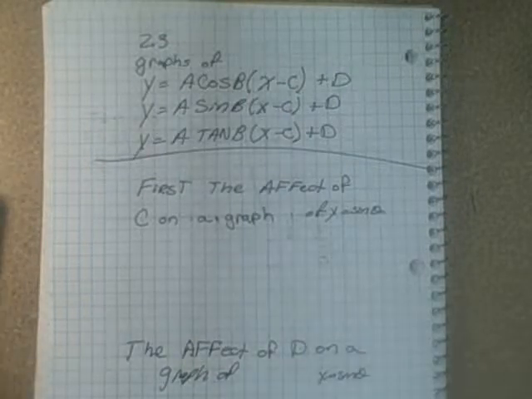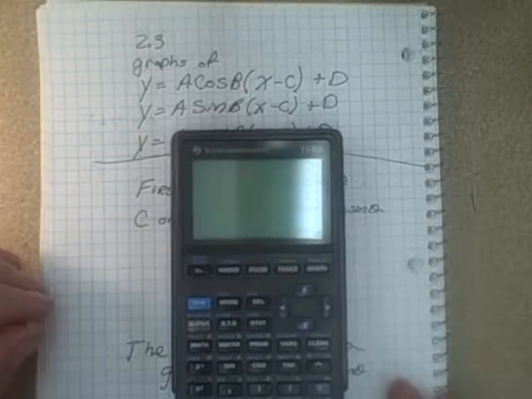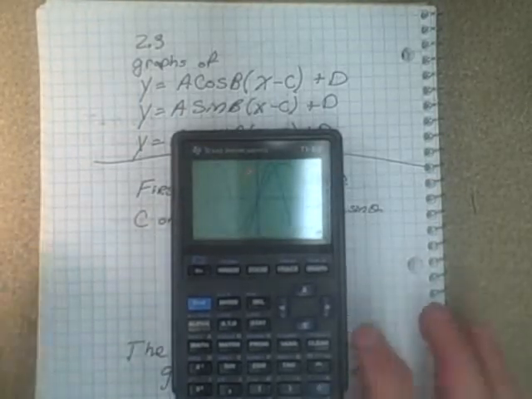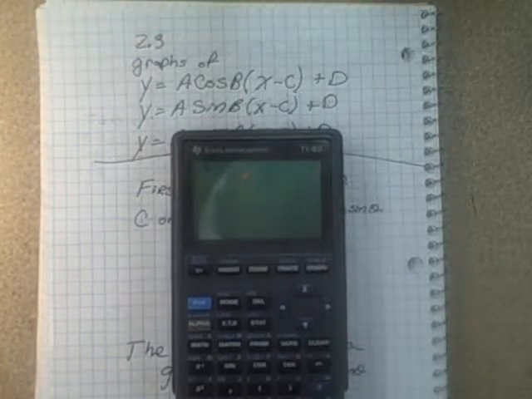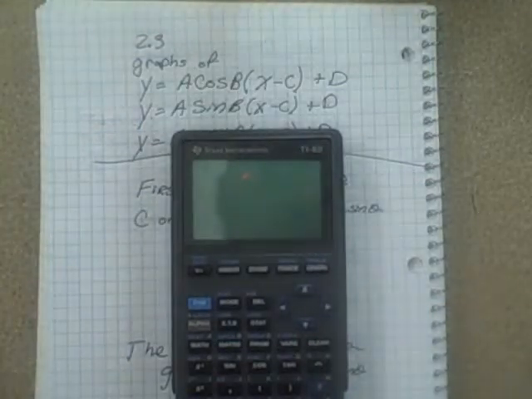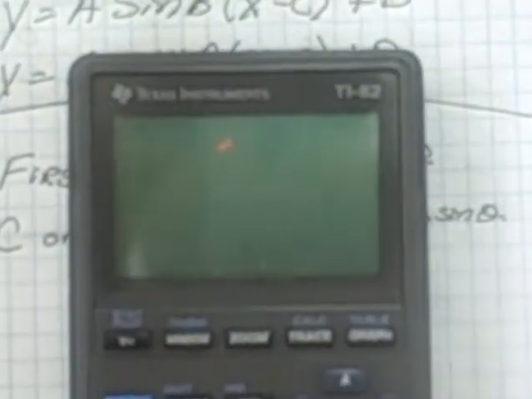So we're going to use our calculator to discover this. And we're going to, first of all, set our calculator up. Let's clear this. And let's just zoom that in a little bit. Okay, so what we want to do is discover what the effect of C is.